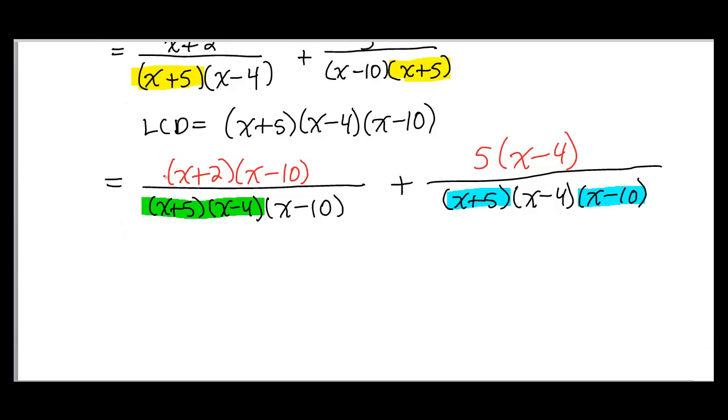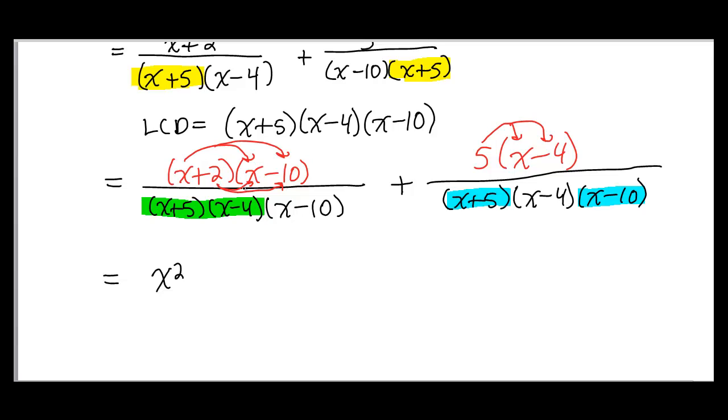This is going to get a little complicated here. I'm just going to go ahead and distribute on both sides, even though that's an addition symbol. And it's not really going to matter. I could write them as 1 as we speak, but I'm just not going to do it. It's x squared. Now I'm going to do a little bit in my head, right? X times negative 10 is a negative 10x, but I have a 2 times x, that's 2x.